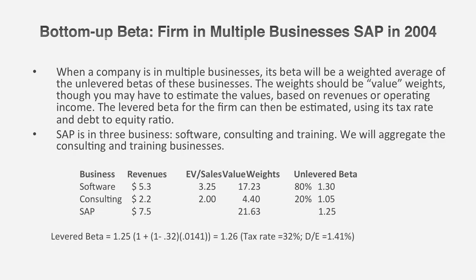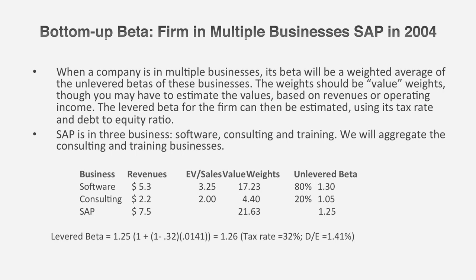I did the same thing for the consulting business. When I was done, based on my estimates, it looks like SAP is about 80% software, 20% consulting. I use those to come up with a weighted average. That gives me the unlevered beta, the beta for the businesses that SAP is in. So when we talk about unlevered betas, that's what we're talking about, the betas of the businesses you're in.